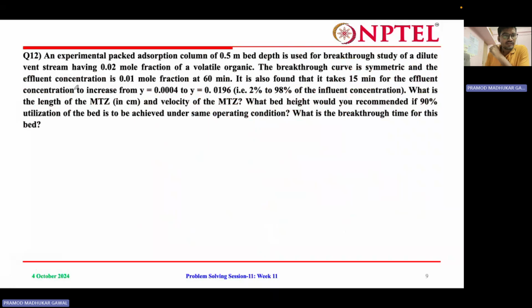Moving to question number 12. An experimental packed adsorption column of 0.5 meter bed depth is used for a breakthrough study of a dilute gas stream having 0.02 mole fraction of volatile organics. The breakthrough curve is symmetric and the effluent concentration is 0.01 mole fraction at 60 minutes.